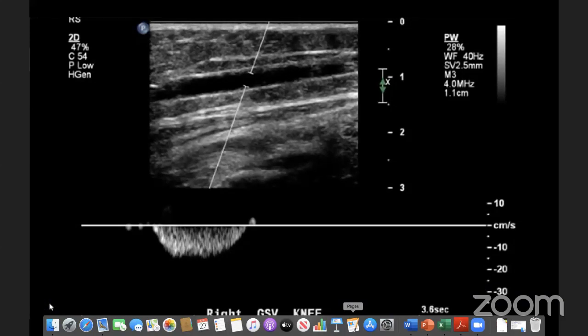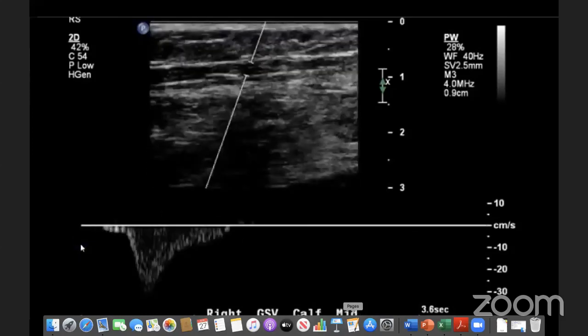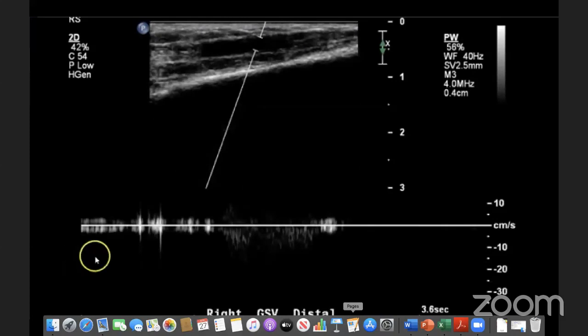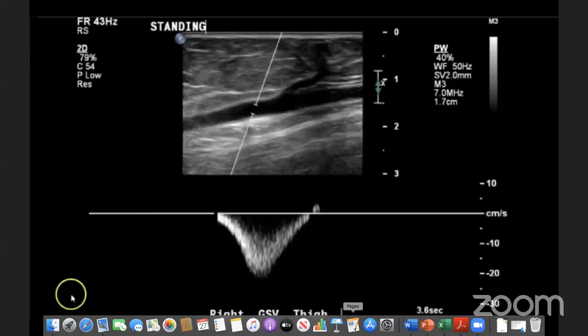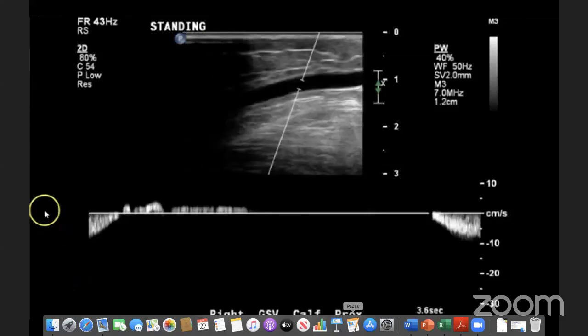However, having looked through the entire study, you should have noticed that the sonographer performed provocative maneuvers, both lying down and standing. Therefore, the images here in the proximal calf, mid, and distal calf, which all appear to be completely normal, are negated by showing the Doppler signal, at least in the calf, with the patient standing, as you can see here.